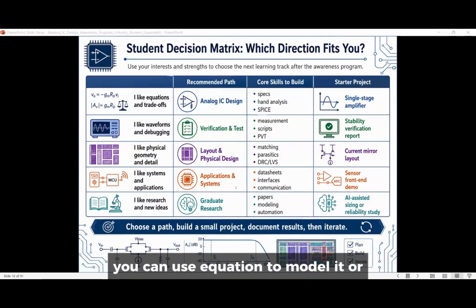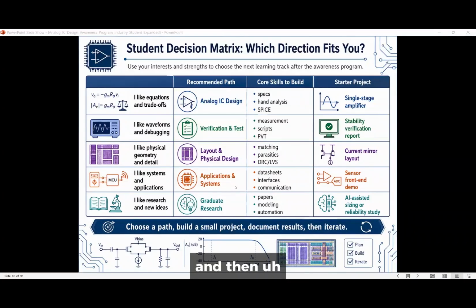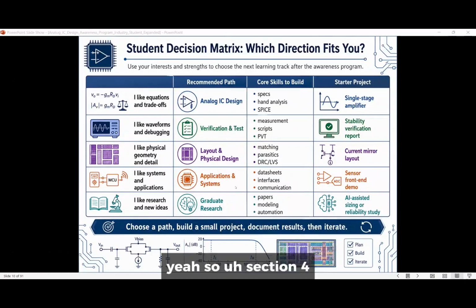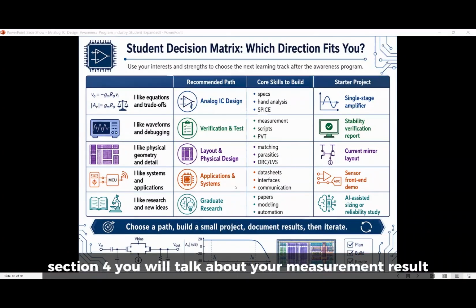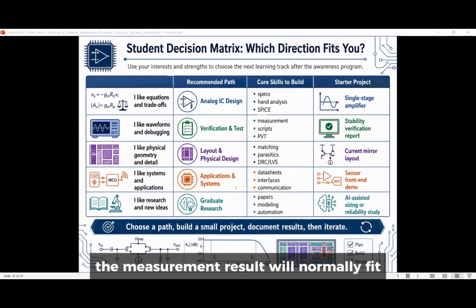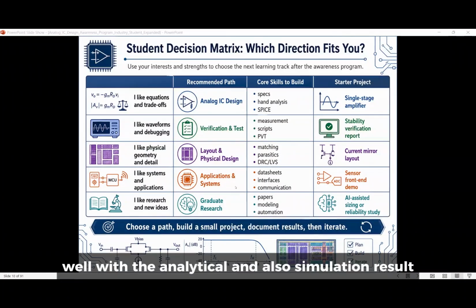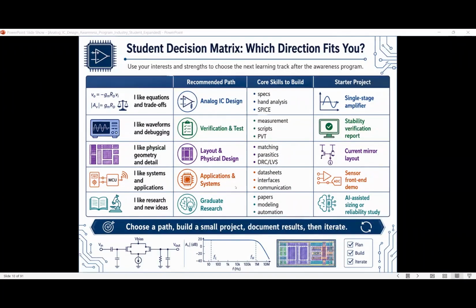You can use equations to model it, and then add some simulation results to support your thinking. Yeah. So in section 4, you will talk about your measurement result. For a good technical paper, the measurement result will normally fit well with the analytical and also simulation results.